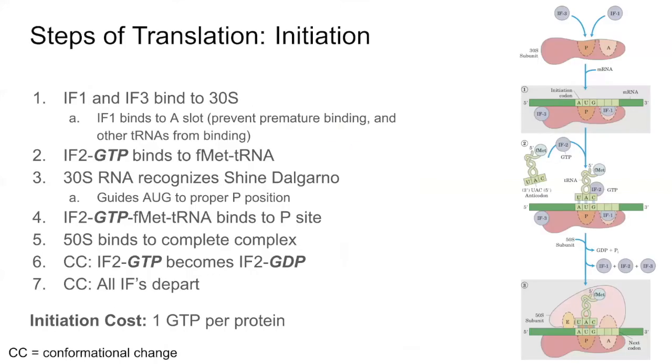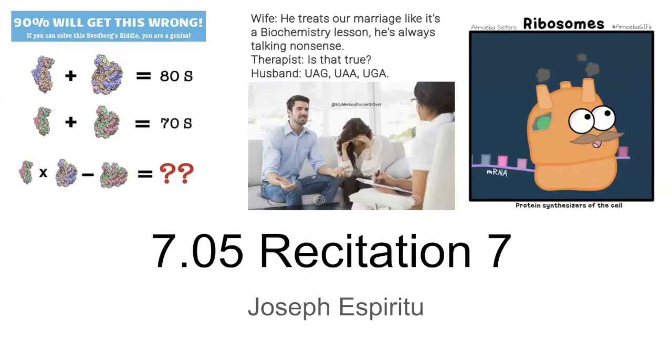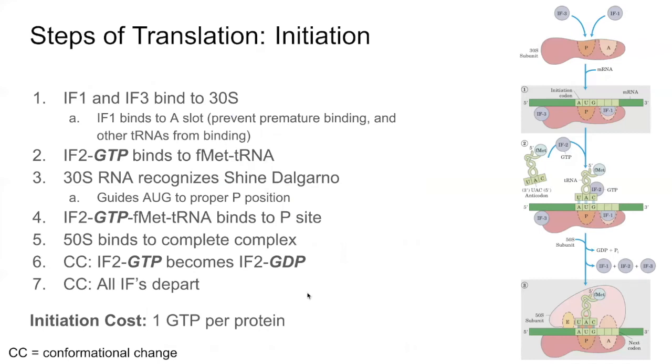Moving on. I'm not going to cover this because it's not yet covered and hopefully you haven't even watched it yet. But you're going to learn the steps of translation. It's going to be kind of like this in terms of a recipe of which molecules and which proteins function. What I want you to remember is to focus on the costs. He's going to start saying this step requires 1 GTP or this step requires 1 ATP.